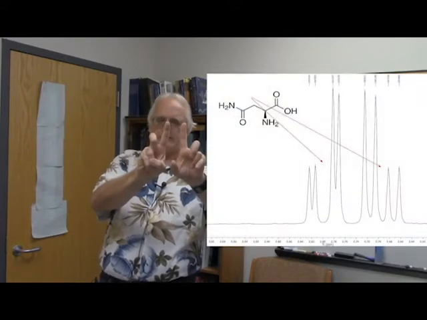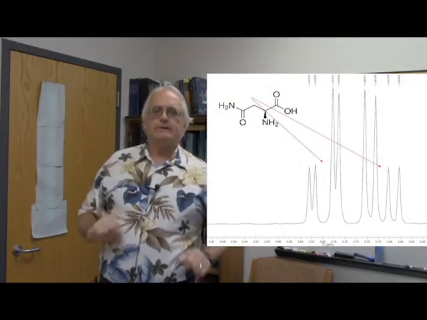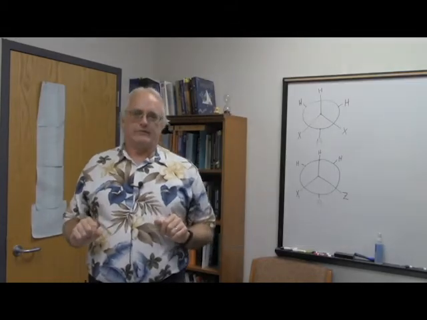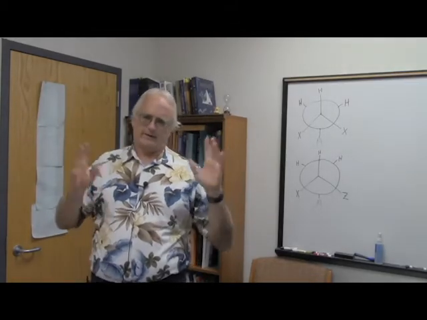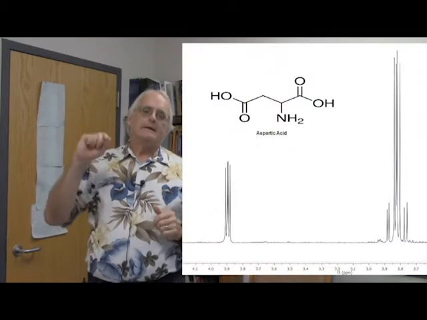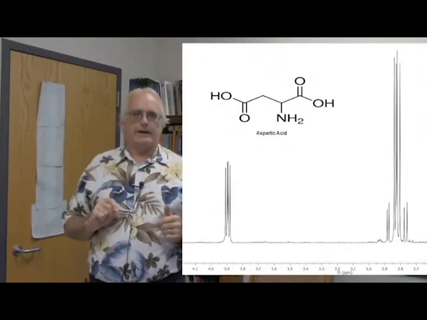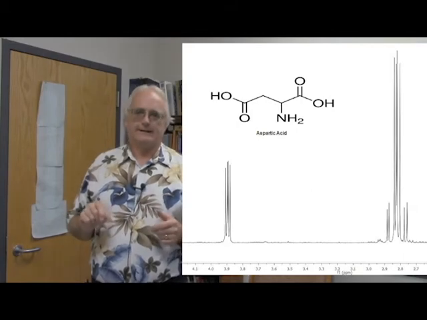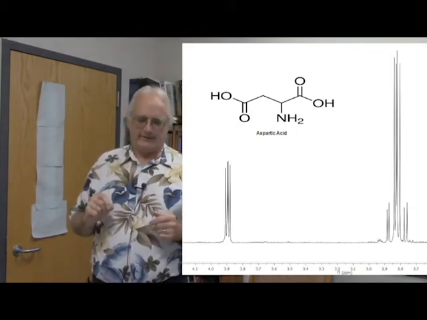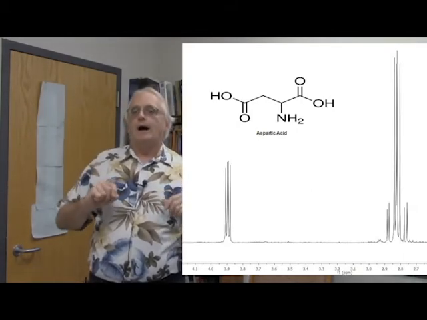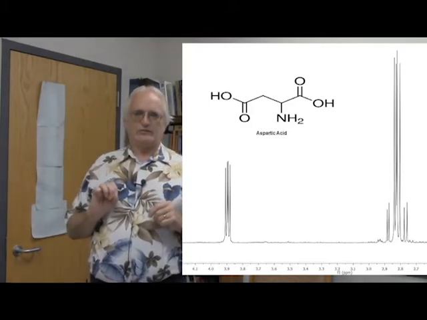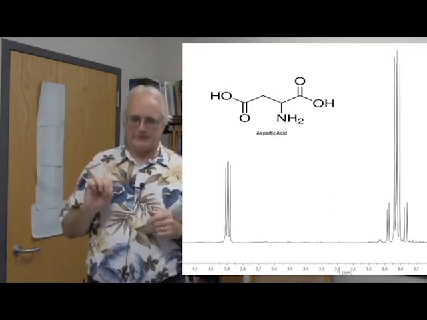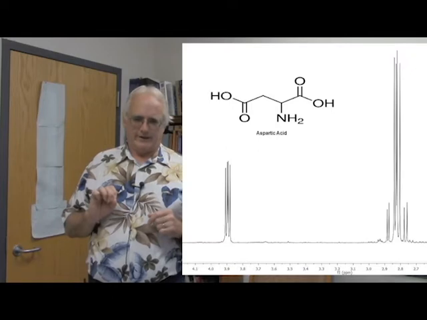If you look at a related amino acid, aspartic acid, however you pronounce it, I don't care. If you look at that proton NMR spectrum, and in fact, asparagine and aspartic acid are very hard to tell apart by proton NMR, you'll notice that you see the same doublet of doublets going on with the CH2 group, but it's much more extreme.